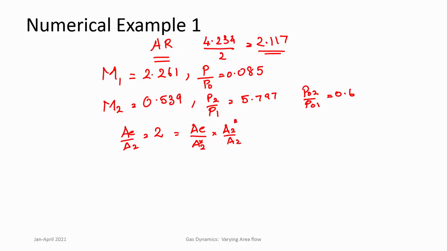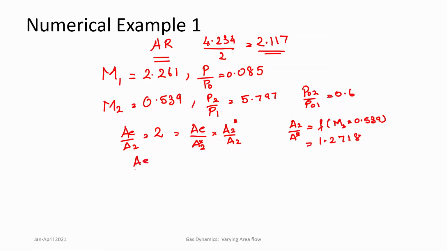Now A2 star by A2 should correspond to M2 because the flow has passed through a normal shock, that is for M2, 0.539. So now if we calculate for M2, the A2 by A2 star is 1.2718.